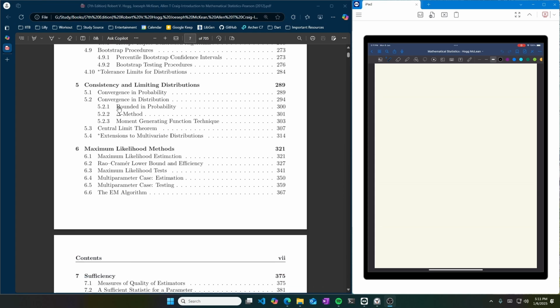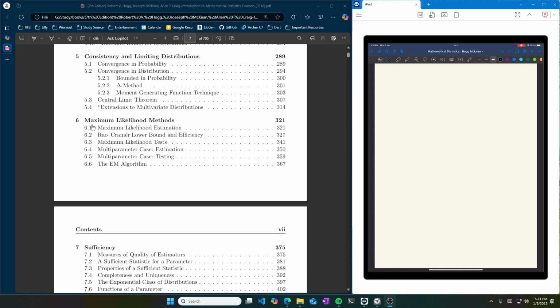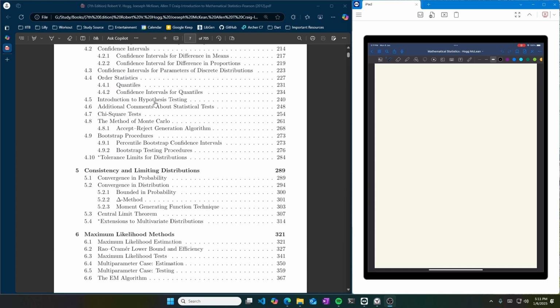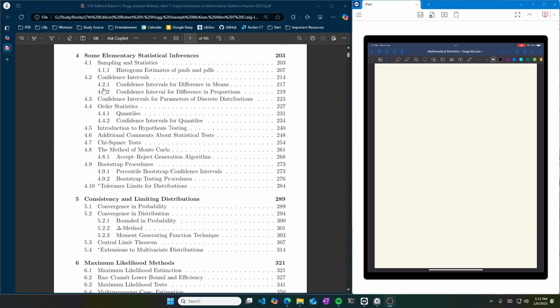Convergence and distribution. Then we are essentially estimating statistics, trying to find an estimate of a particular parameter through hypothesis testing.